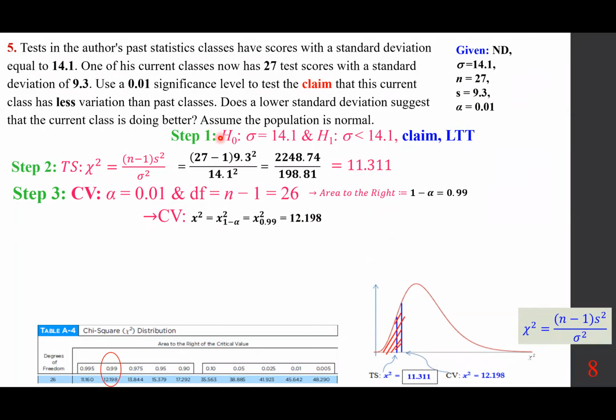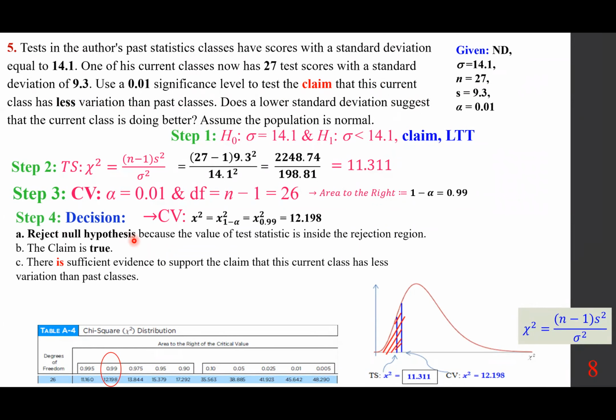If you're rejecting the null hypothesis, loosely put, you're accepting the alternative. If the alternative is being accepted, the claim is true. So there is sufficient evidence to support the claim that the current class has less variation than past classes. Reject the null hypothesis because the test statistic is inside the rejection region.